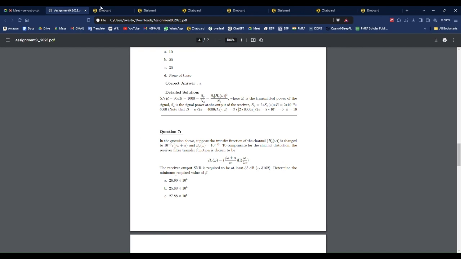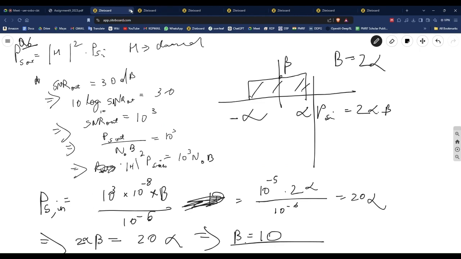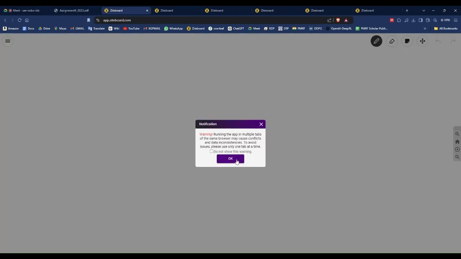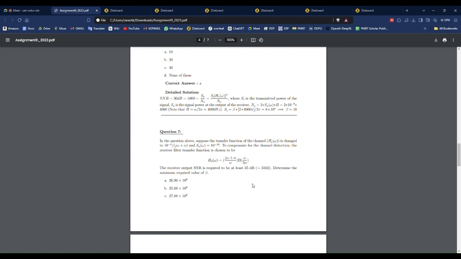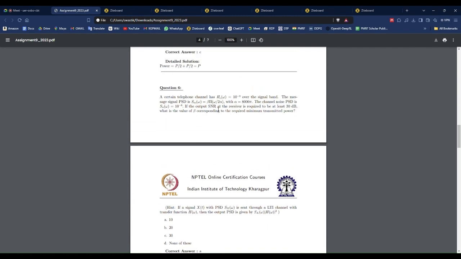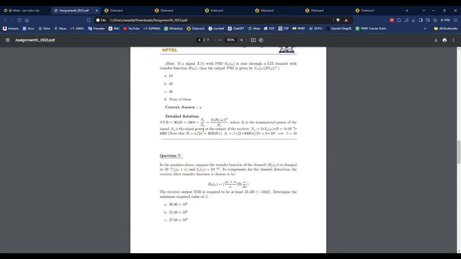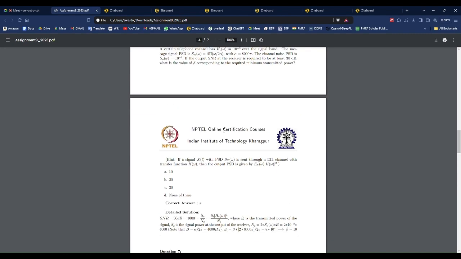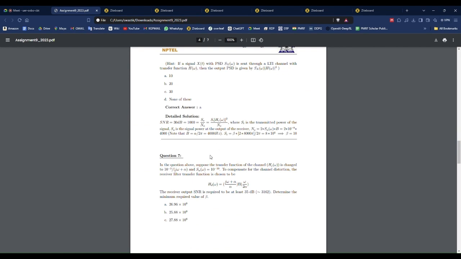So again, in question 7, the input is the same. So the message signal has a beta pi omega by 2 alpha, with alpha equal to 8000 pi.